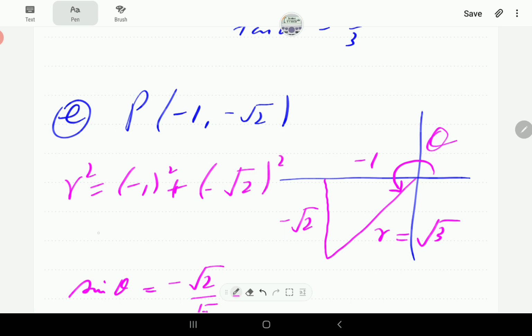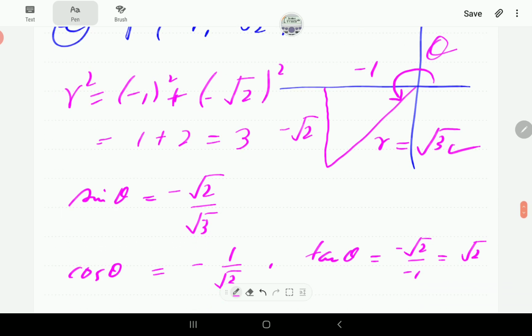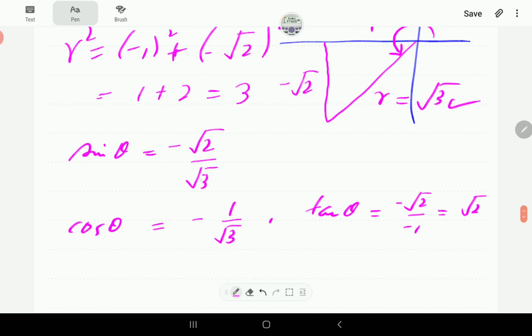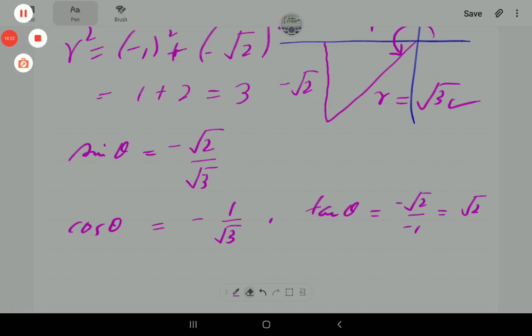So this is 1 plus 2, which is 3, so r is square root 3. Then sine is negative root 2 over root 3, cos is negative 1 over root 3, and tangent is negative root 2 over negative 1, which is positive. So only tangent is positive, and that is the case in quadrant number 3.